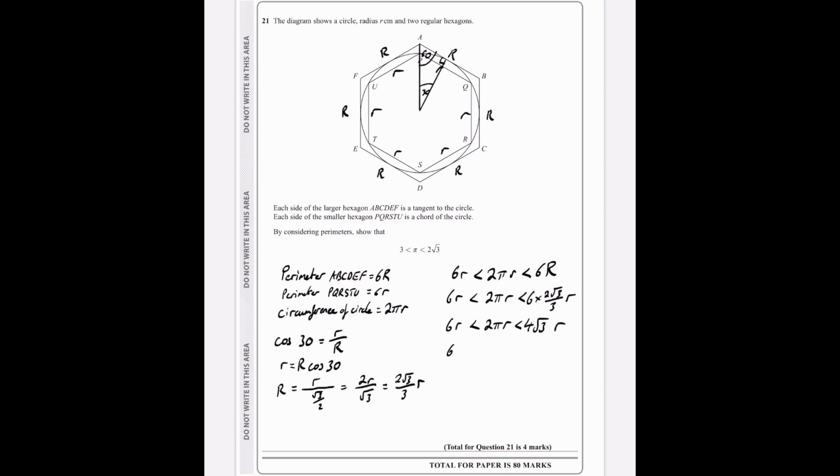And at this point we can divide everything by r. And at last halve everything, and we get 3 is less than pi is less than 2 root 3. Gives us bounded version of pi there from a geometric construction. Well done if you got that. Really enjoyed that question. Okay, all right, bye.